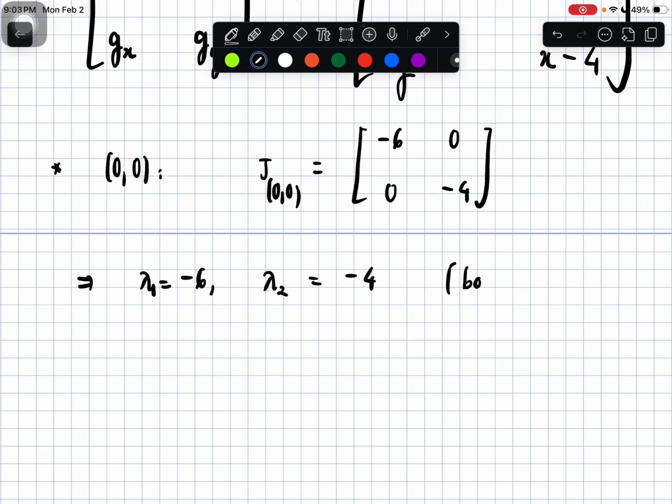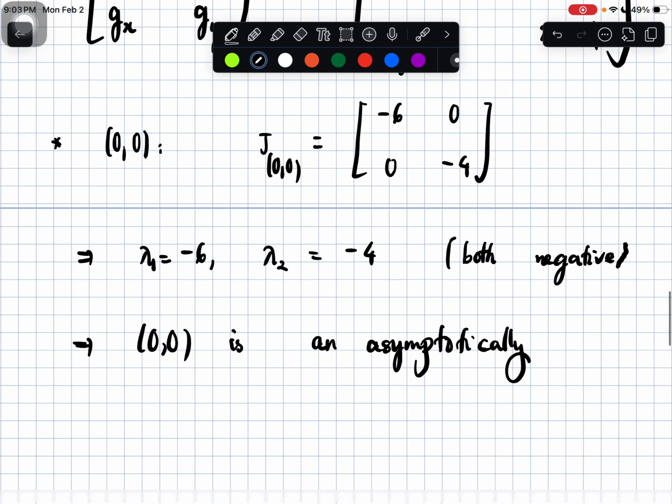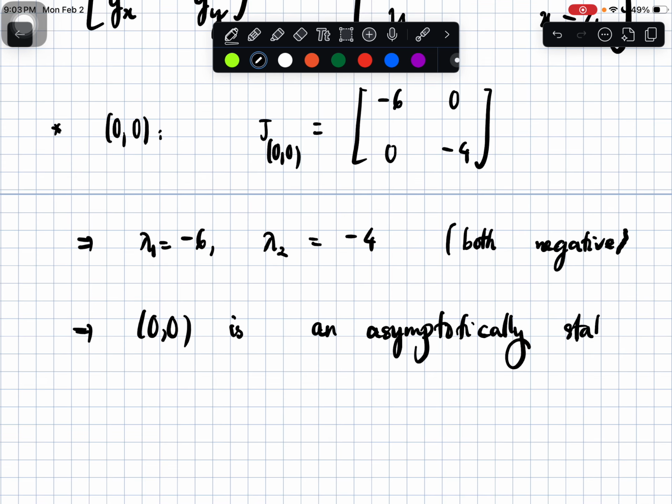So (0, 0) is an asymptotically stable node, a nodal sink.